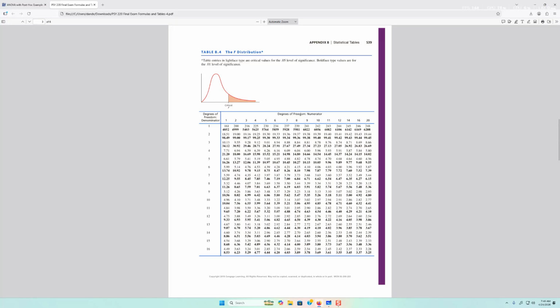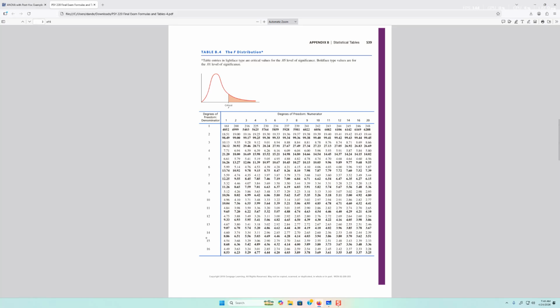So it says degrees of freedom numerator, that's between groups. So I have 2 between, so I look at 2 on the top, and degrees of freedom denominator is within groups. So I have 2 between and I have 15 within. So I find column 2 and row 15.